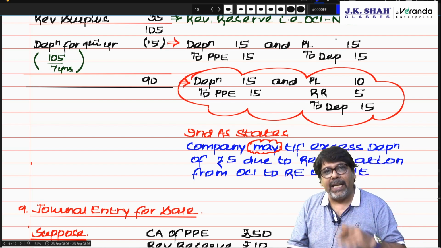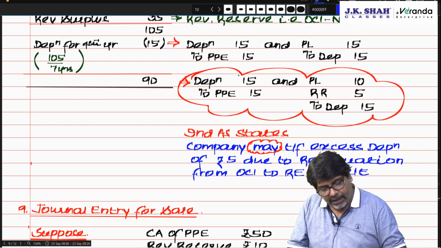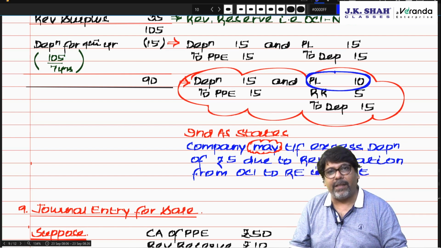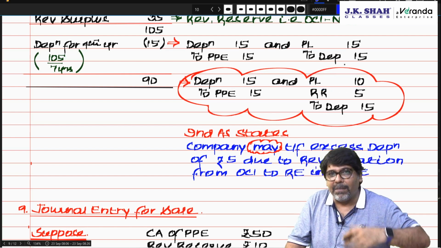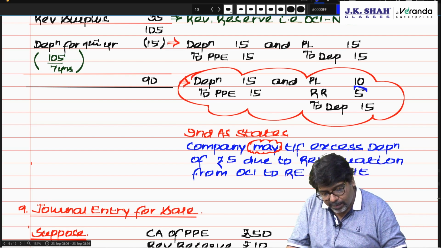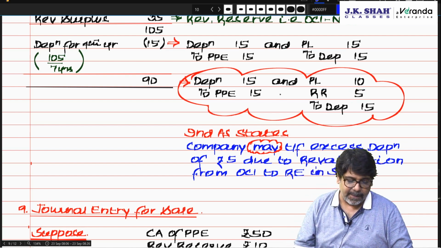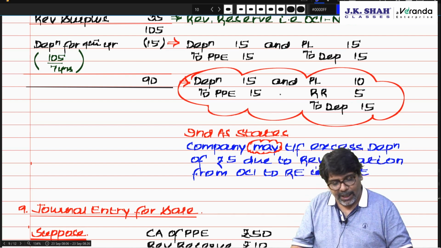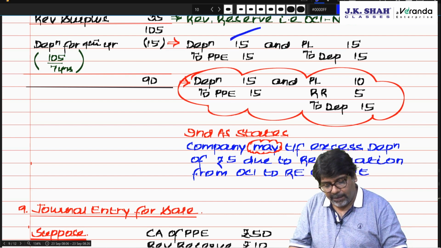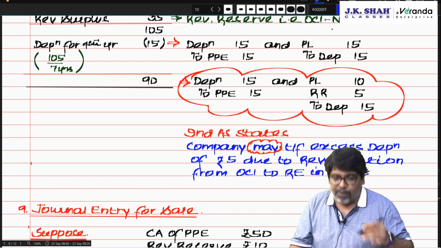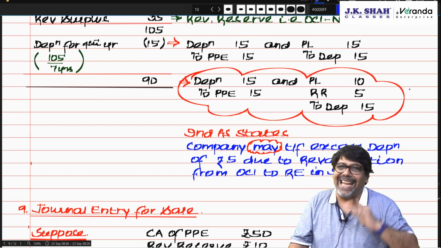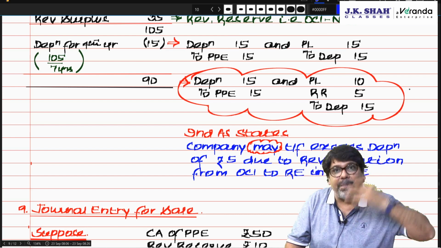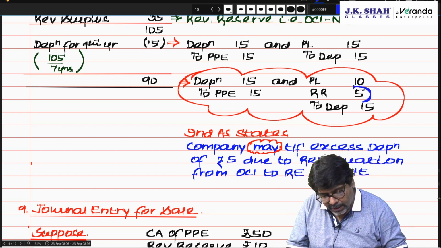So Ind AS gives us an alternative: if depreciation is 15, you can transfer 10 rupees old depreciation to PNL, and the excess depreciation which you are getting because of revaluation should be reduced from revaluation reserve. Am I clear? So normally we'll pass this entry, but if the company wants, they can transfer old depreciation to PL and excess depreciation caused because of revaluation to revaluation reserve.